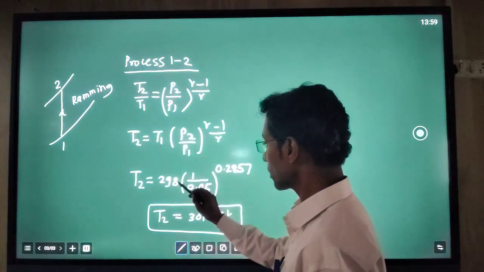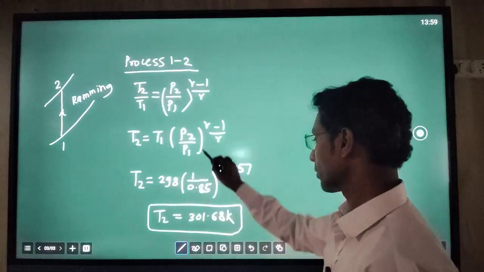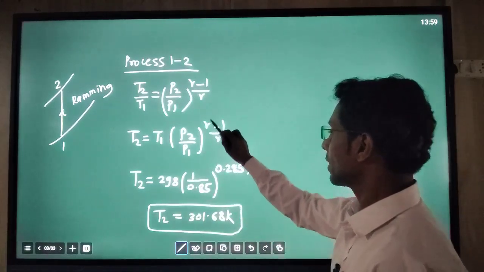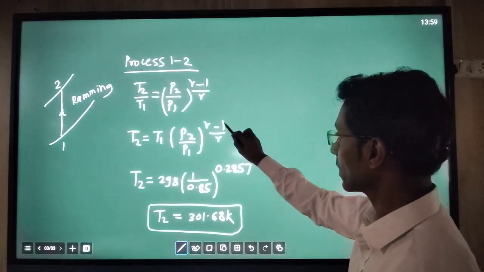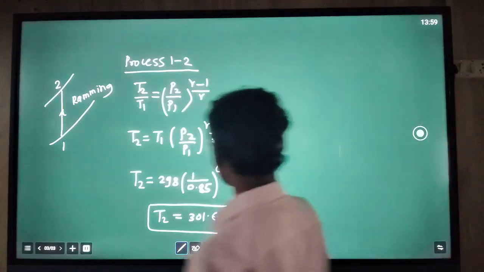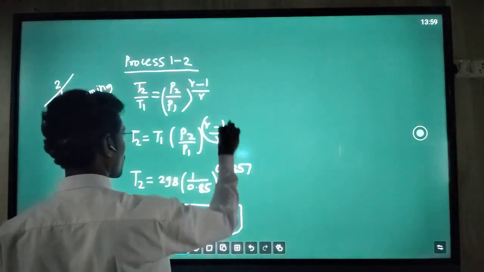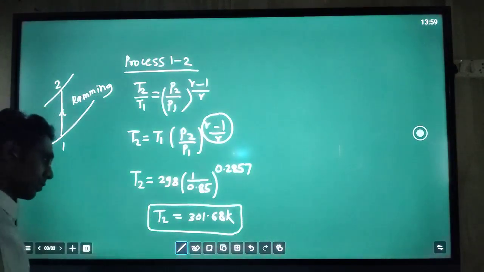So T1, the temperature, we have written here in Kelvin, and the pressure values. And we have already seen in the last video sessions, in the simple cooling cycle numerical, that gamma minus 1 upon gamma calculation comes to 0.2857, which we take here.